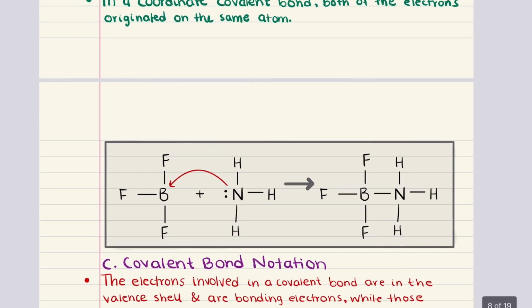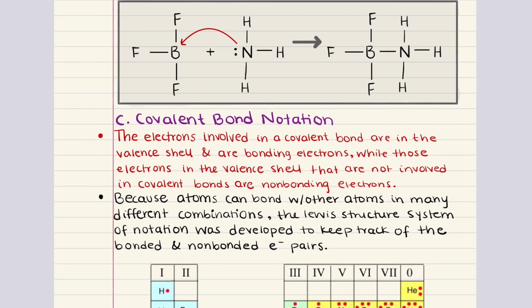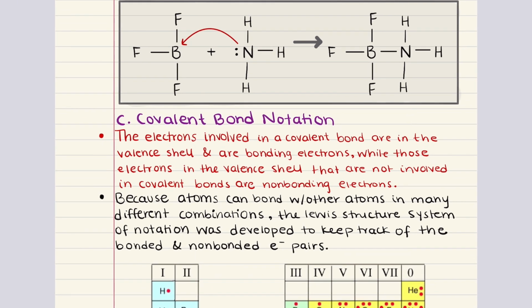Now, what about covalent bond notation? Covalent bonding involves the sharing of electron pairs between atoms. The electrons that participate in these bonds are called bonding electrons, while those that do not participate are referred to as non-bonding electrons or lone pairs. To systematically track these electrons, scientists use Lewis structures, which are visual representations of the arrangement of valence electrons around atoms in a molecule.